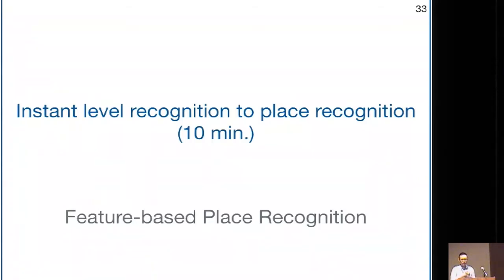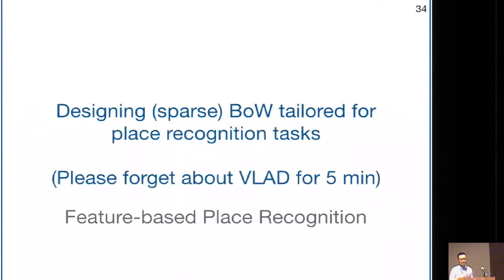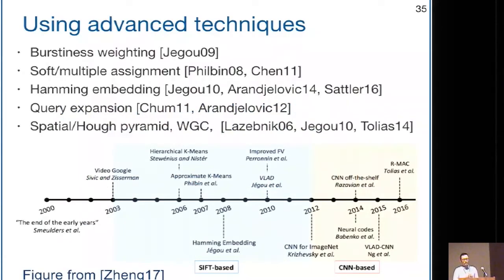So I would like to talk about how to customize or tailor the standard techniques to the place recognition problem. Now I'd like to review a bit about the bag of words representation. So please forget about VLAD for 5 to 10 minutes.